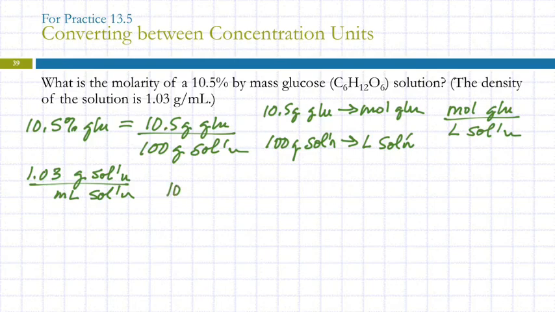So 10.5 grams of glucose, I want to get to moles, grams of glucose in the bottom. I need the molar mass. 6 times 12.01 plus 12 times 1.008 plus 6 times 16, 180.156.